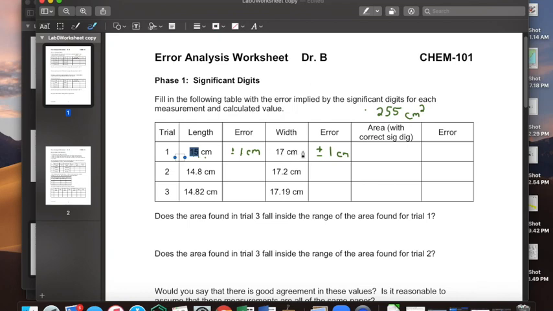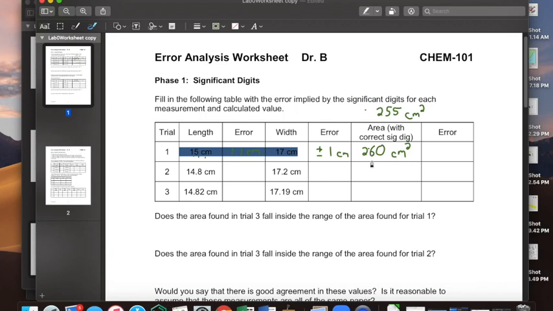And with multiplication, the number of digits is how we decide the significant digits of the answer. And so I have to round this down to something with just 2 significant digits. So I would be reporting 260 centimeters squared. So not 26, 260 centimeters squared.